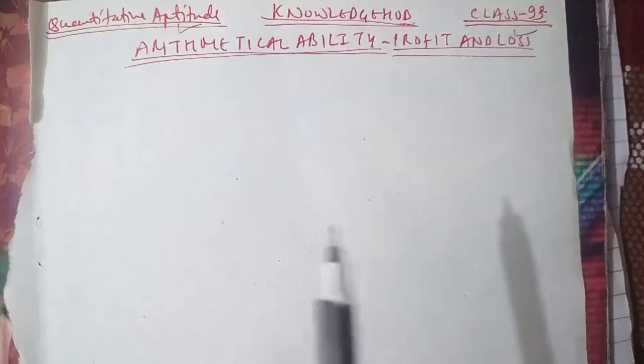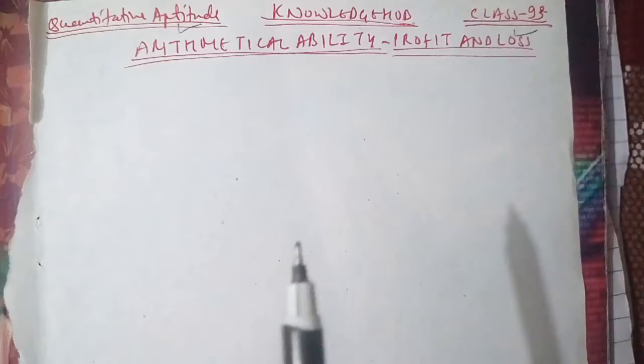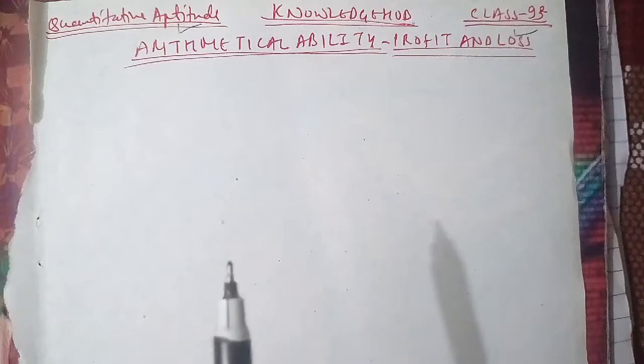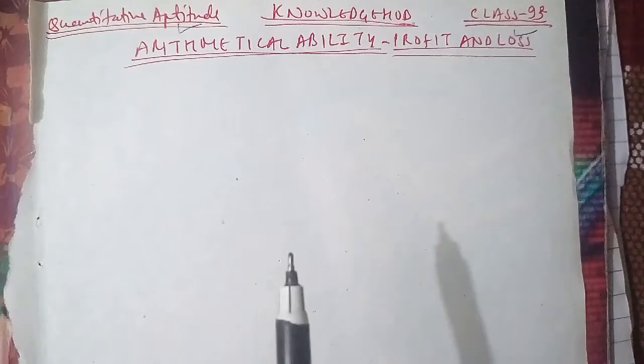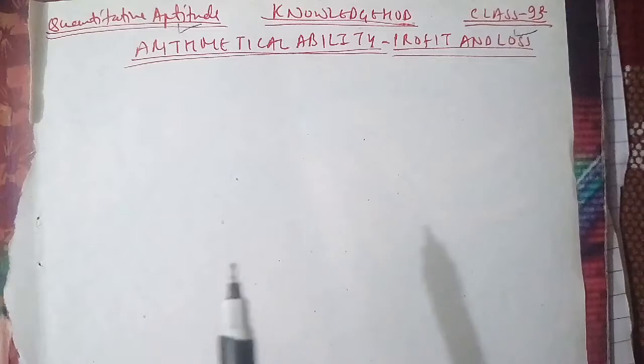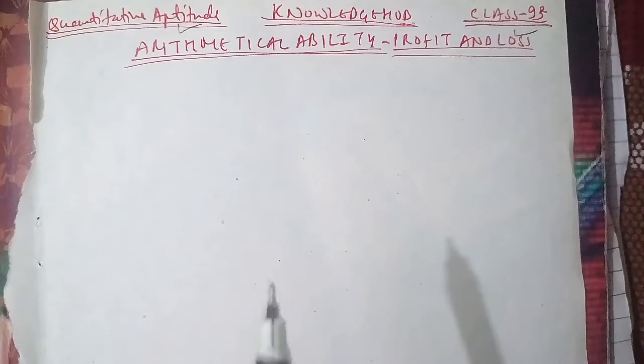If he wants to have a gain of 8%, what must be the selling price per ream? The options we have are rupees 86, 87.48, rupees 89 and rupees 90. So we go ahead.